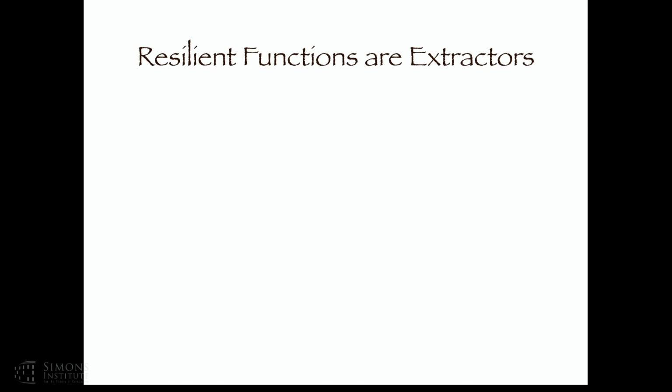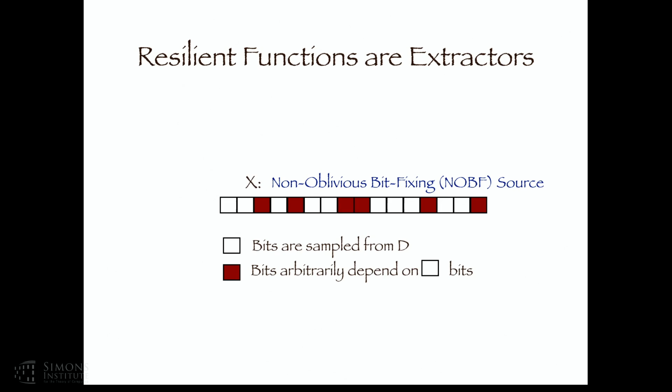Great. And resilient functions are extractors for certain kinds of sources. So we'll be interested in non-oblivious bit fixing sources, NOBF sources. Here, the white bits correspond to good bits, and they're sampled from some distribution D, which you can even think of as uniform and independent. And the red bits arbitrarily depend on the values of the white bits.